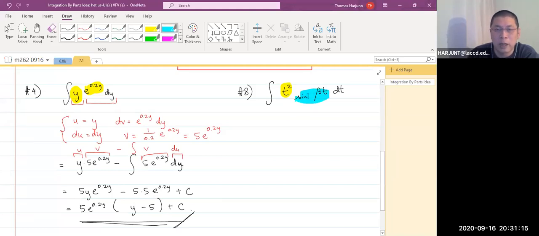If that's the case, then the polynomial will be the u, and the trigonometry will be the dv.